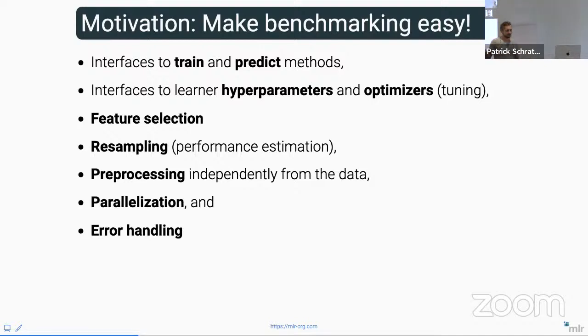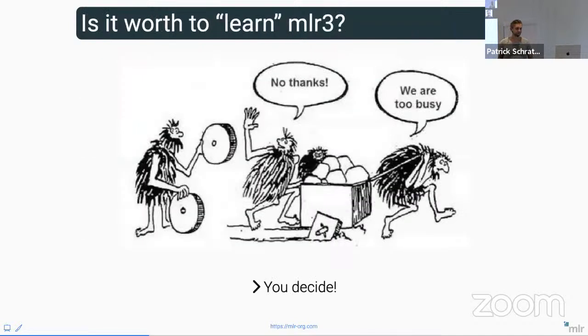You will see later on how we approach benchmarking and how we can reduce the amount of code and input to very few lines to efficiently create benchmarking experiments in R.